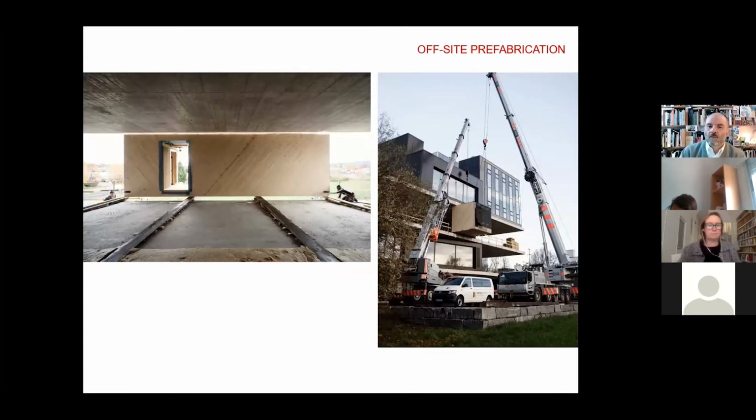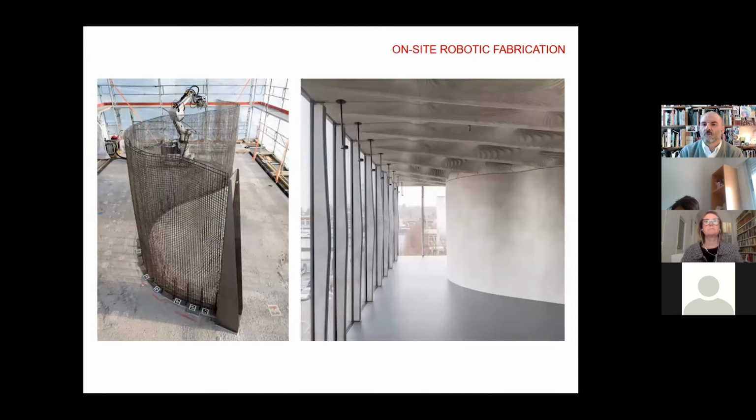As you see, there are no elements built on site. All the elements are coming from outside, prefabricated in the housing layer, while in the other part the logic is exactly the opposite, and the logic is the on-site robotic prefabrication.